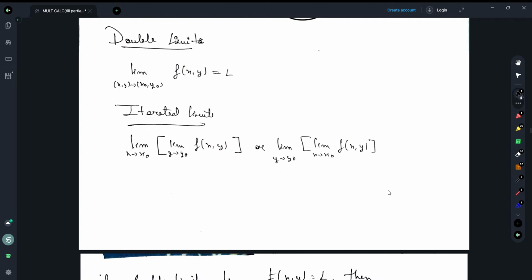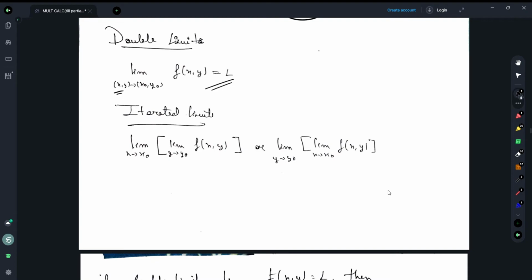Then the function f(x,y) tends to the value L. So we say the limit as (x,y) tends to (x0,y0) of f(x,y) equals L. Now suppose we don't try to tend the point (x,y) towards (x0,y0) directly for the function f(x,y), but instead we try to reach the point first by the ordinate, then by the abscissa, or first by the abscissa, then by the ordinate.